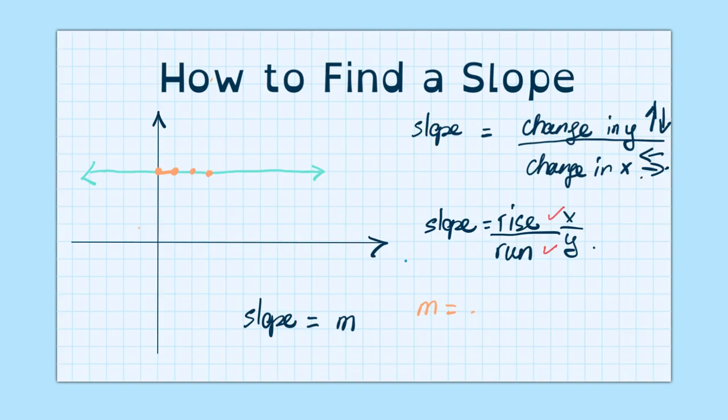So our change, basically there's no change happening vertically. 0 change, but we're still going towards the right. And this will be simplified. 0 divided by 1 will equal 0. So this slope is 0, and there's no negative or positive in here. What does this mean in real life?